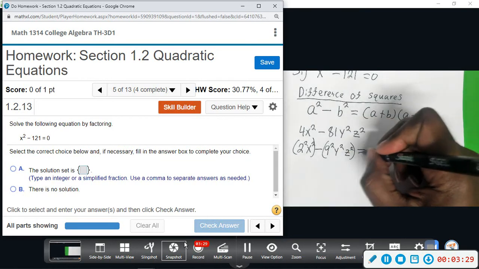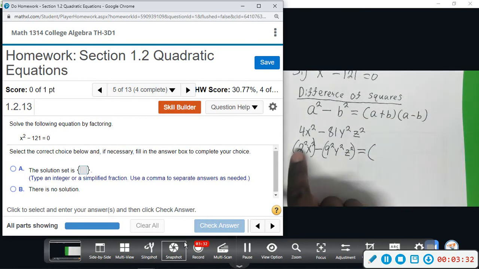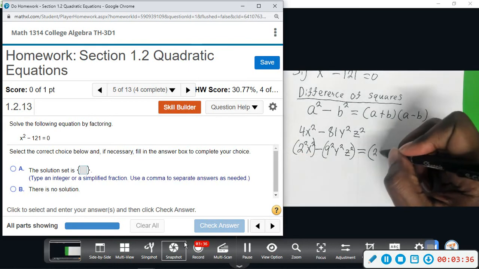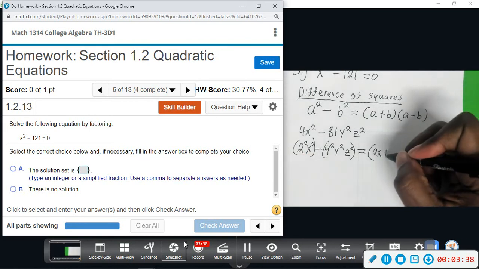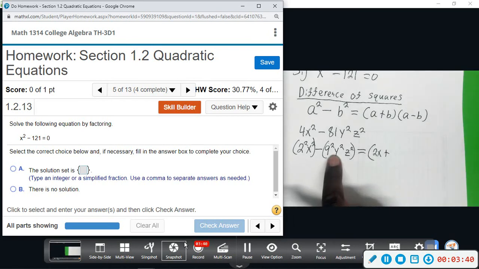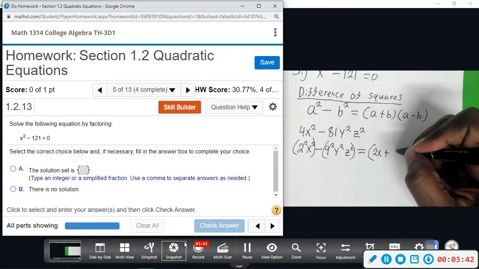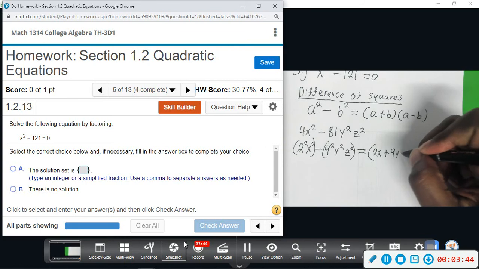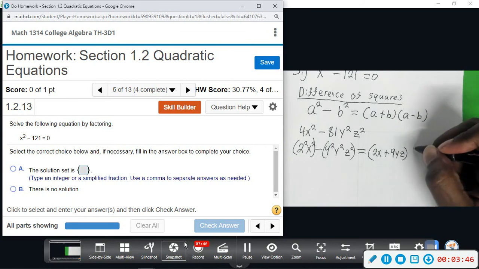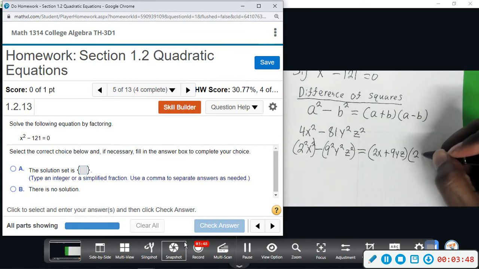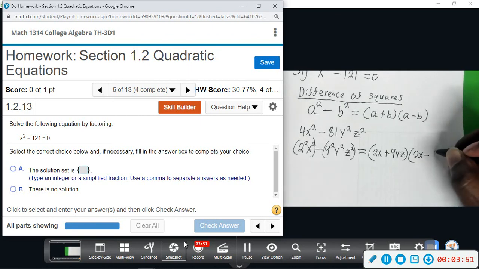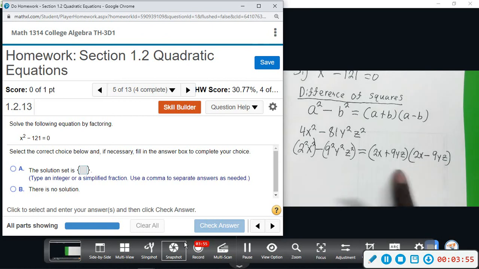When we factor it out, we take off the squares, so it would be 2x in the front, and then plus, and in the back we would have 9yz. Let's take off the squares: 9yz. And then we have the same thing in parentheses again, only with subtraction: 9yz. If you FOIL this out, you'll have a middle term, but one will be positive, one will be negative.